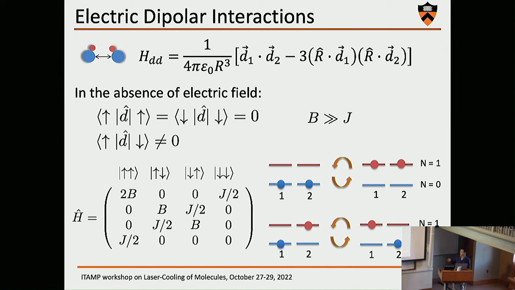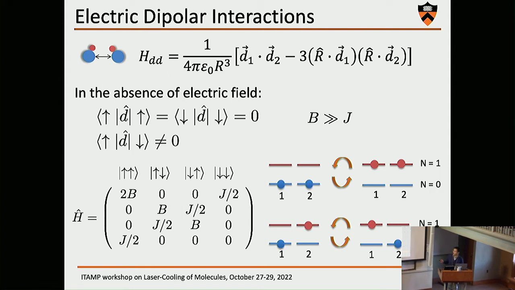Now, specifically for us, we actually do not align the molecules. So what this means is that in the absence of an electric field that can align it, the molecule has no lab frame dipole moment. Another way to think of it is that classically there is no energy shift. So the dipolar Hamiltonian has no diagonal terms.